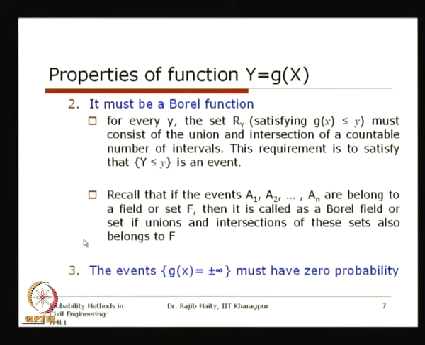And the last condition, which we have also seen for a random variable, is that the probability of g(x) at plus or minus infinity should be equal to 0. So the event g(x) equals plus or minus infinity must have 0 probability.